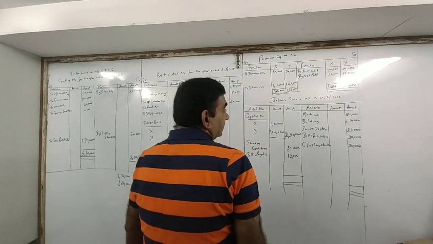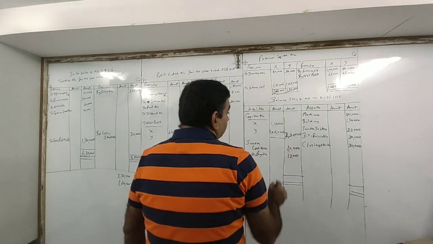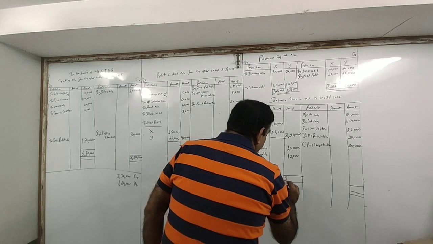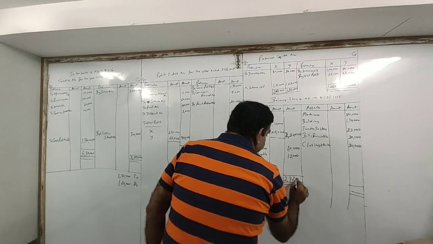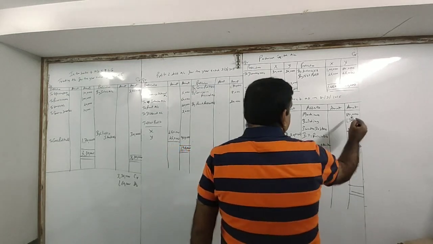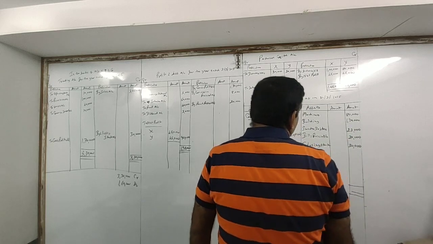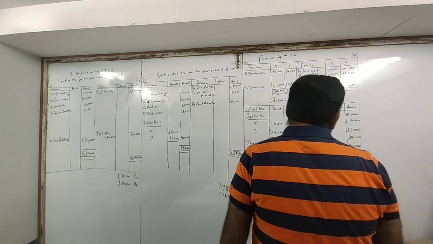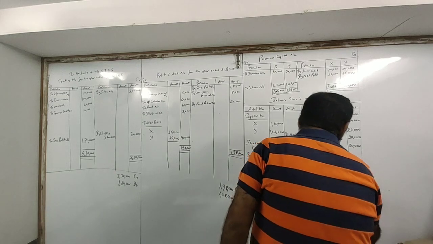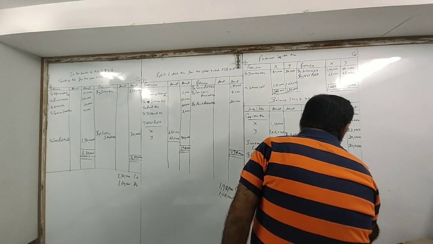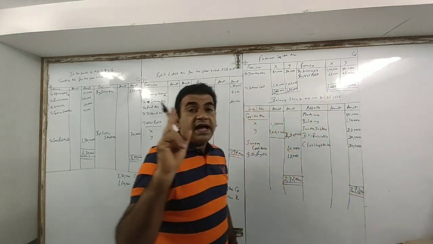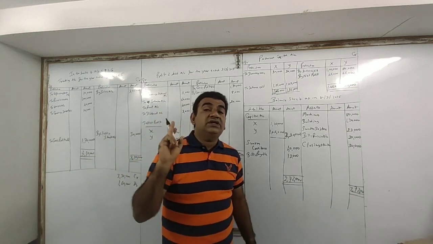Let's see. 220 and 40, 260, 272. 80 and 120, 2 lakh, 222, 242, 272.